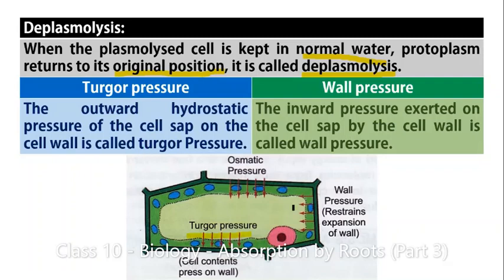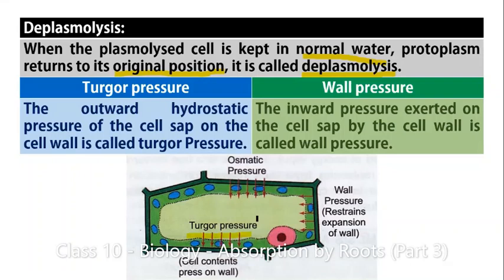And wall pressure: to balance the turgor pressure, the wall also exerts or gives certain pressure. If the wall doesn't offer some pressure, the contents will exert so much pressure that the cell may burst. So to balance the turgor pressure, the cell exerts some inward pressure.